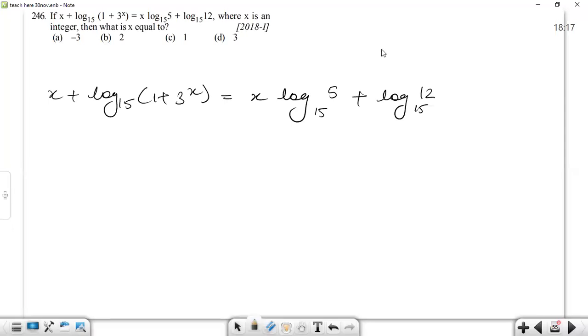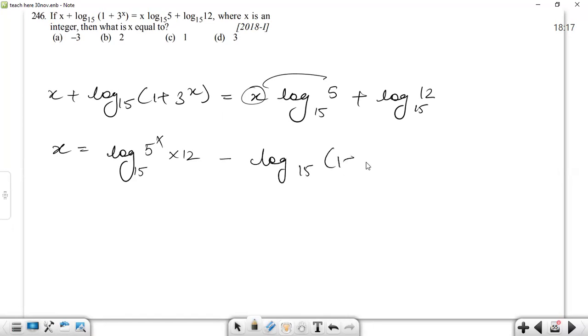So let's try doing something. Let's bring all the terms of logarithm onto the right hand side and bring this x to the other side. If the base is the same, they can get multiplied. Do you agree? So minus logarithm base 15 of 1 plus 3 raised to power x.